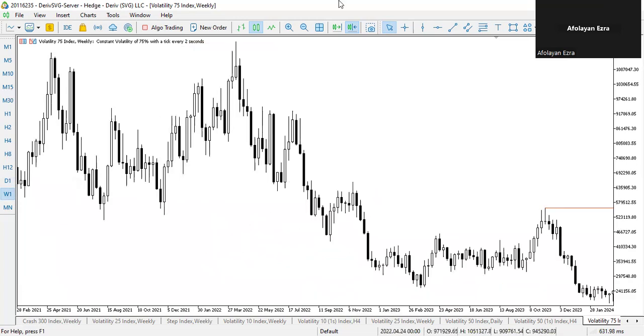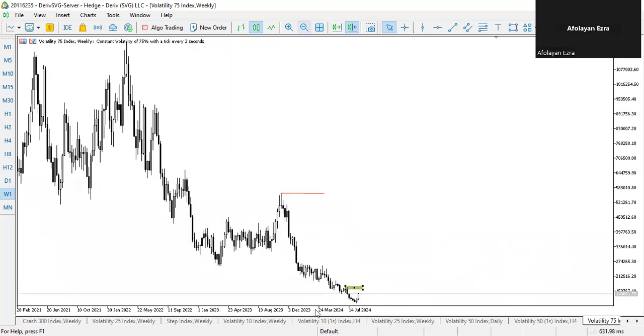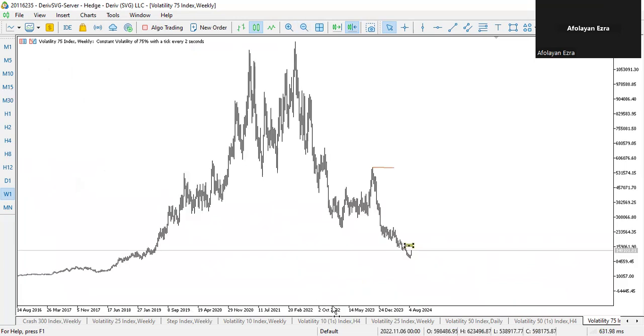It has been selling since 2022, February to October around that time. So it's almost 2 years now that it has been selling.